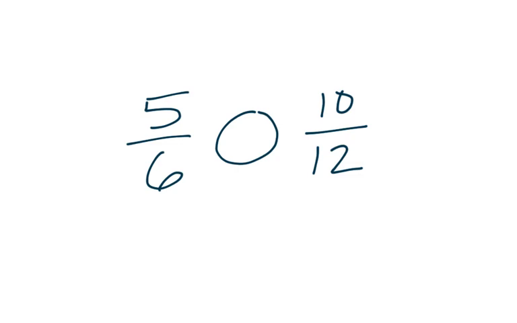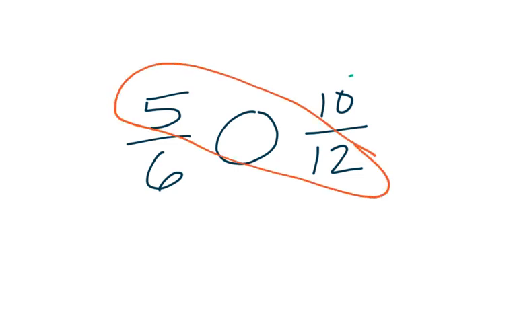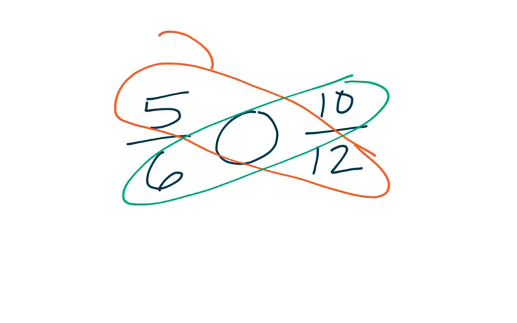Let's try one more just like that. Again, I'm going to create my butterfly wings. And then I'm going to make my antenna. Okay. 5 times 12 is 60. 6 times 10 is 60. I have two different products that I just got, 60 and 60.